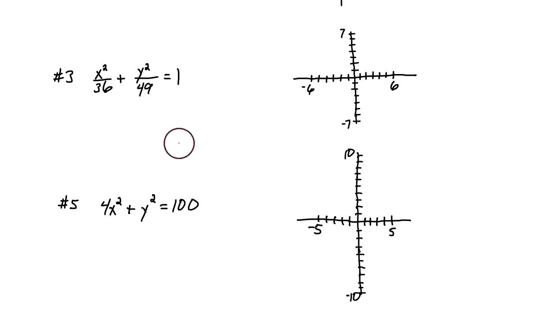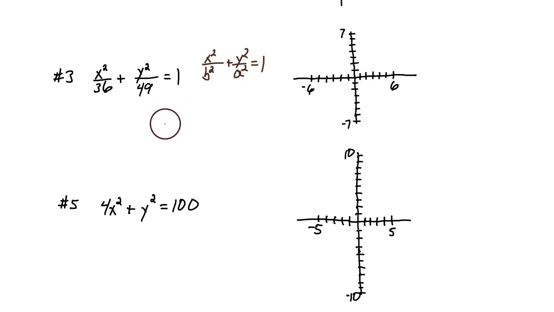Number 3, we have the same basic look to it. X squared, y squared, plus sign in the middle, 1 on the right. But the thing that is different is that under the letter y is the larger of the denominators. So this time it matches x squared over b squared plus y squared over a squared is equal to 1.